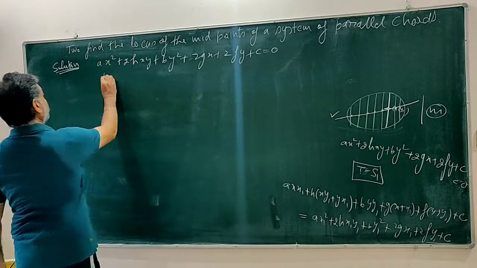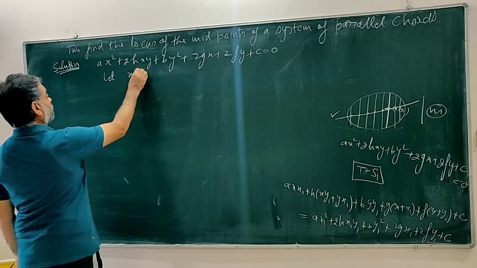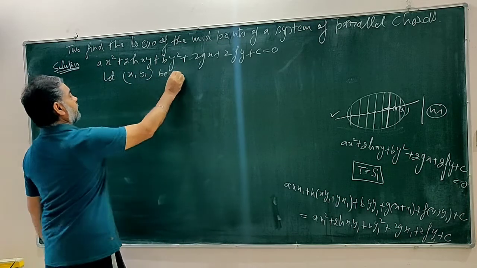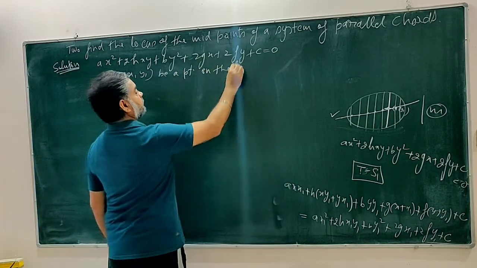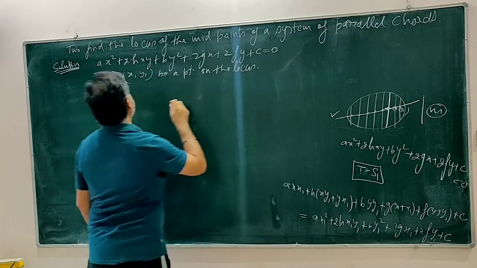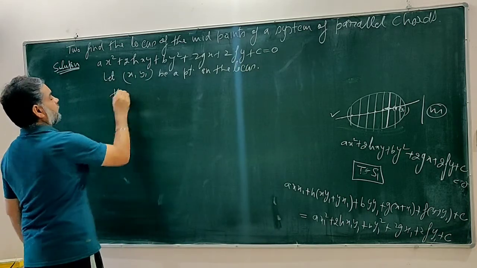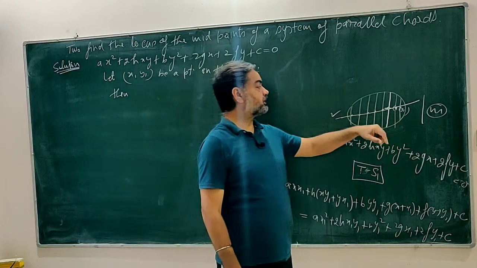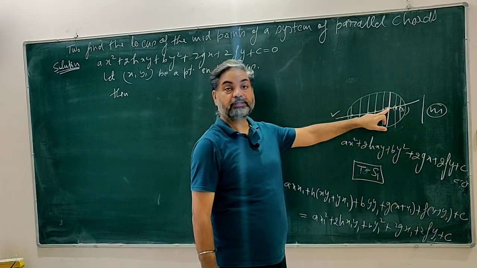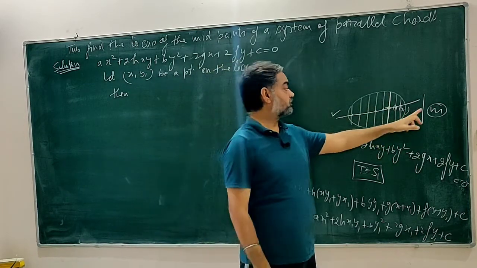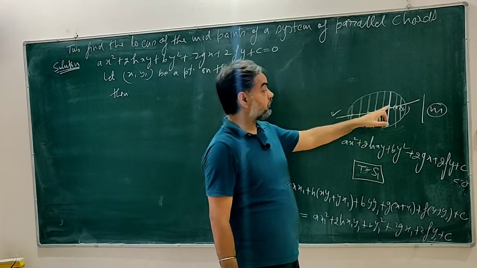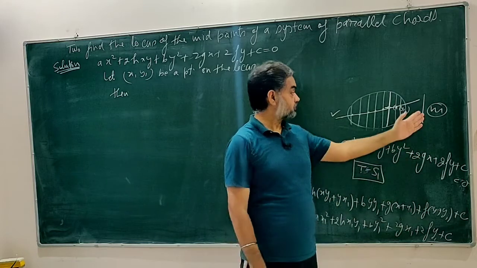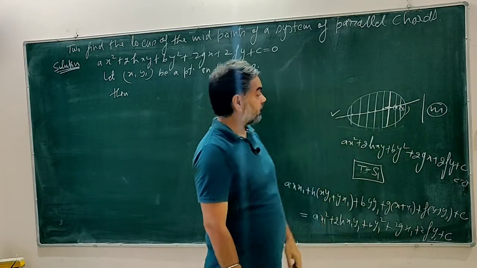So let (x1, y1) be a point of the locus. Then if (x1, y1) is a point on the locus, then (x1, y1) is the midpoint of a chord which is parallel to a line whose slope is m.